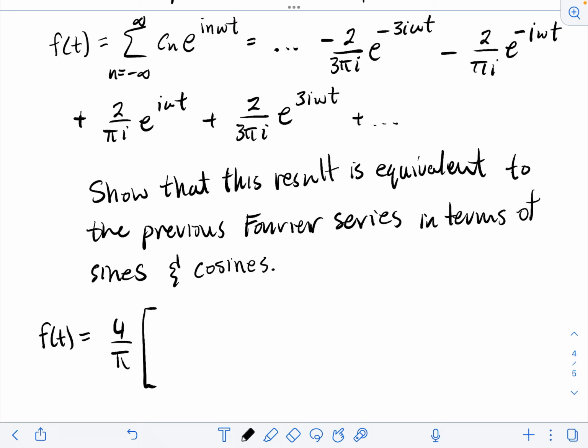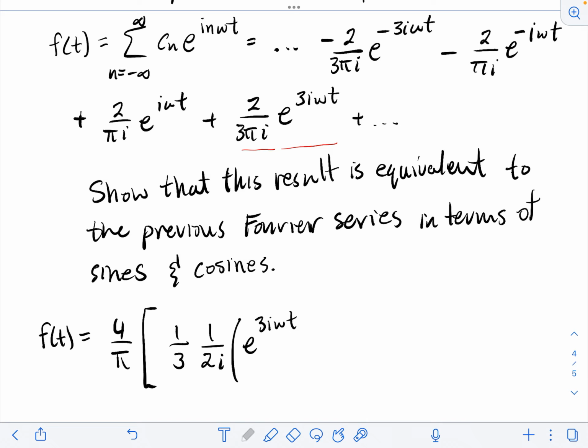So first, we're going to have 1/3. The pi out of the denominator has been factored out, and then we factored out a 4, so we're going to need to add in a 1/2, so that the 4 times the 1/2 is the 2, and then we still have an i, and I'm going to put a bracket here, and then we'll have e to the 3i omega t.